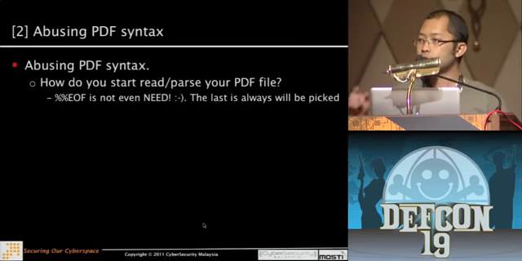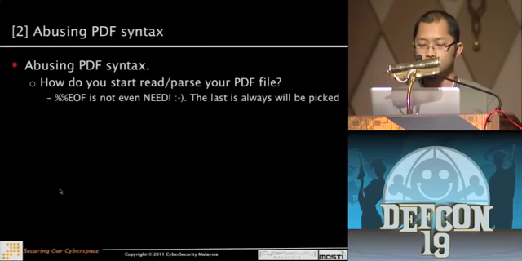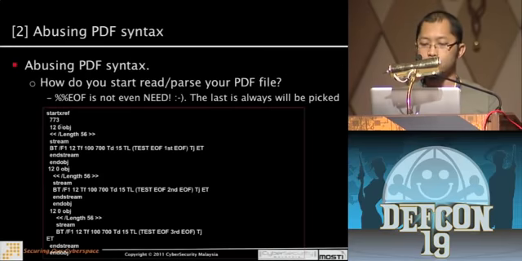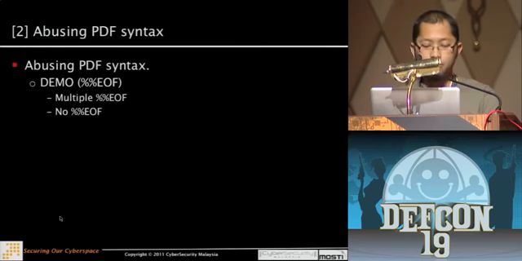So for the last declaration, for example on this one, the last object 12 is always going to be the one that is picked up by your PDF application. So like I said, this is one declaration for object 12, and the last object 12 will always be executed. So the last one will always be used by a PDF reader. So for example, the demo.